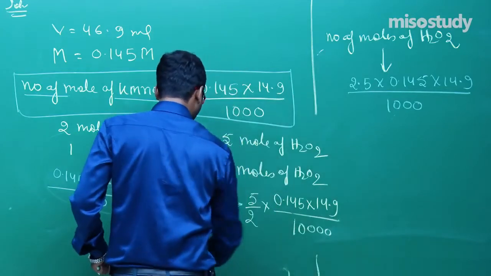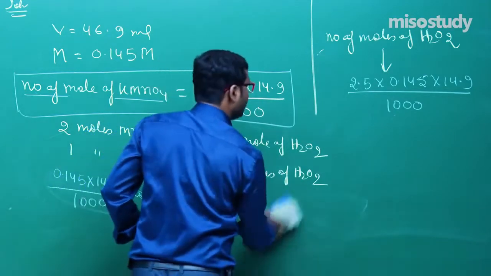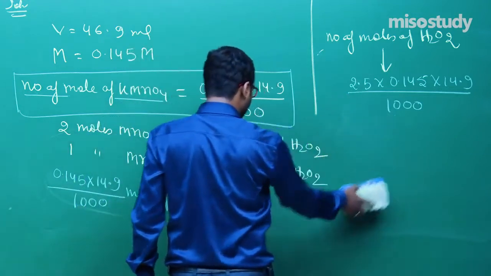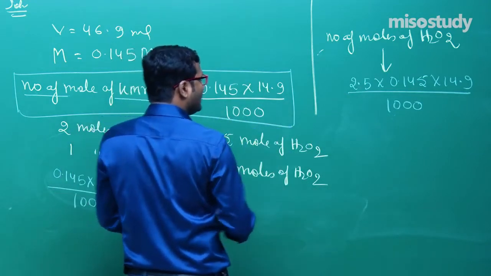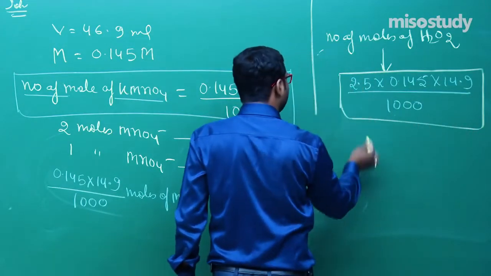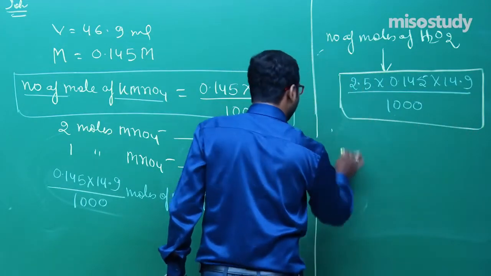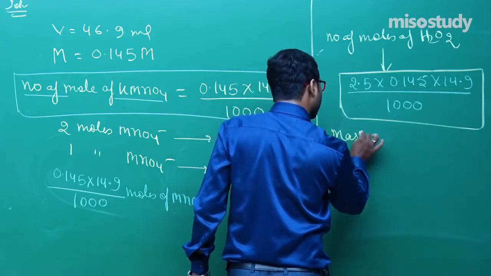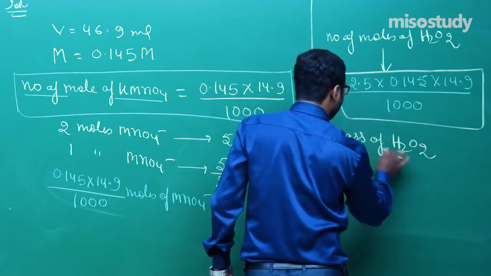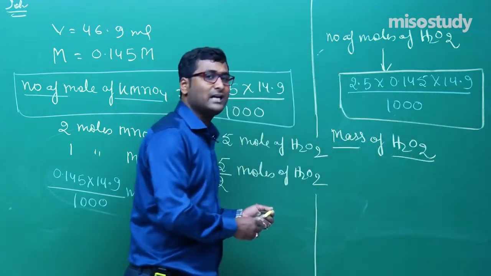Now I am writing this data here. Here is the data, number of moles of H2O2. Clear to you? I think it is visible to you. So this is the number of moles of H2O2. Now what is the mass of H2O2? As we know, the molecular mass of H2O2 is 34.